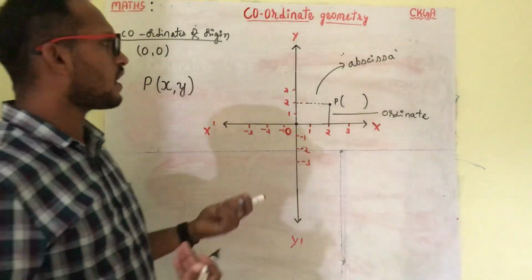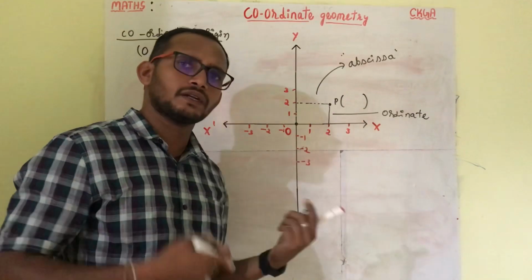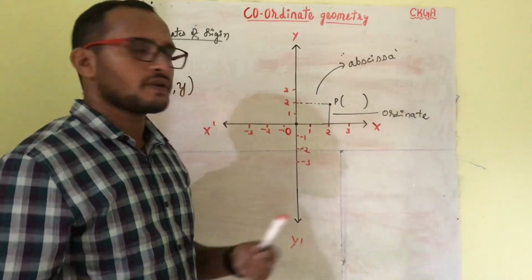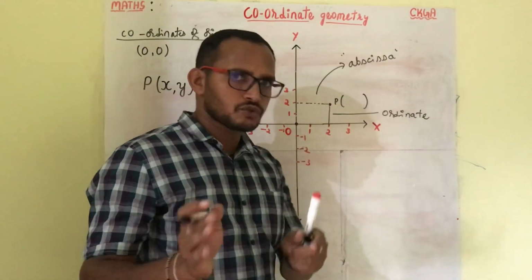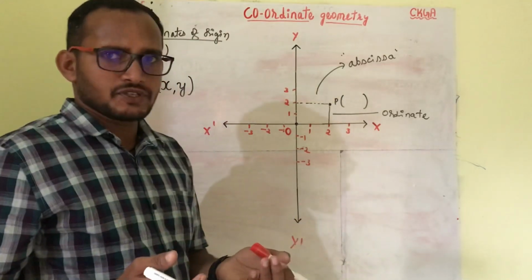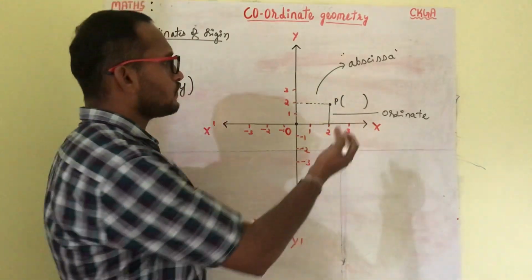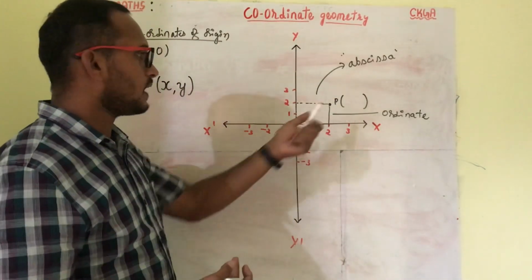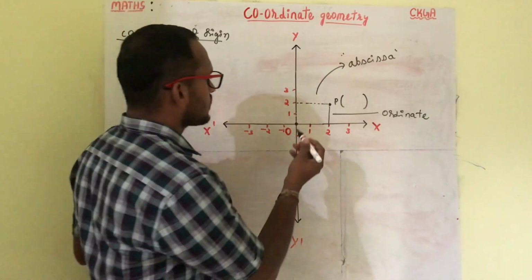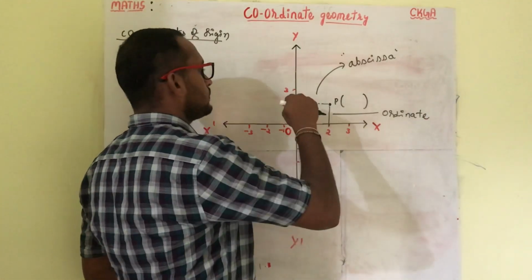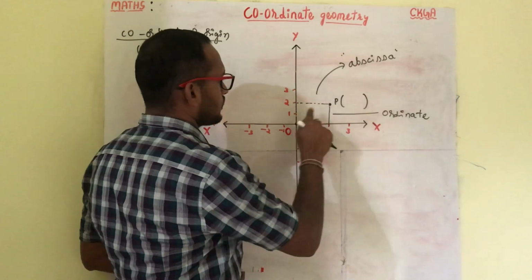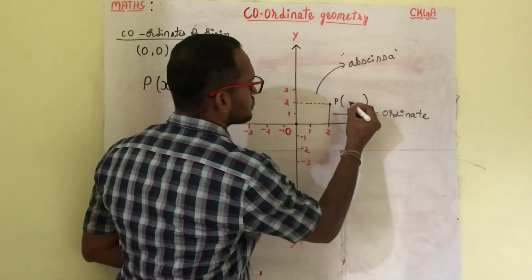We will use the words x coordinate and y coordinate often, not abscissa and ordinate, but you should have an idea about what abscissa and ordinate are. So it's time to find the abscissa of that point P. Count the perpendicular distance from the y-axis to the given point: 1 and 2.